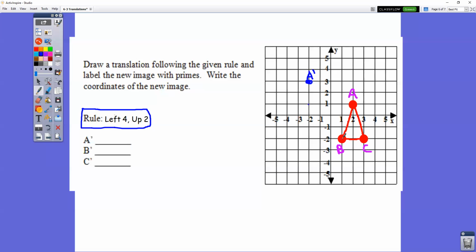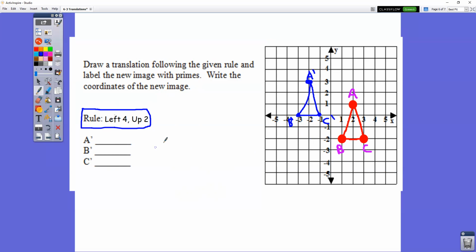Starting at B, I'm going to go left 4, 1, 2, 3, 4, and up 2, 1, 2. This is my new B prime. Starting at C, left 4, 1, 2, 3, 4, up 1, 2. This is my new C prime. Connect the dots. There's my new triangle.